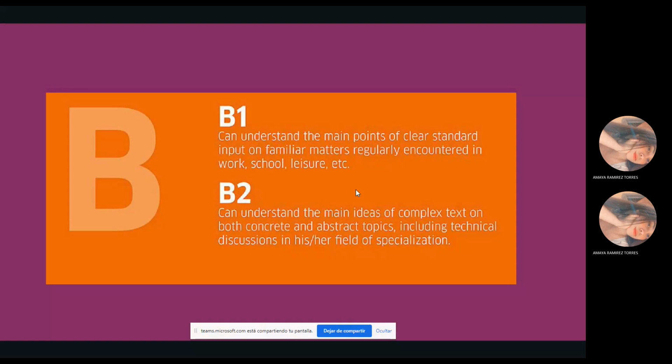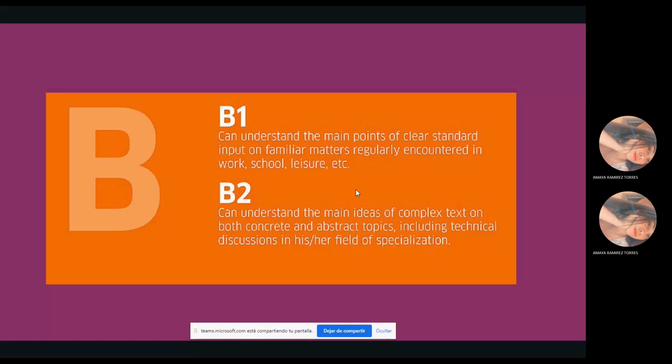Then we have the intermediate levels. These ones are the B. We have the B1 and the B2. On B1, we can understand the main points of clear standard input on familiar matters regularly encountered in work, school, leisure, etc. So in this one, we see that it's a little bit more mature.